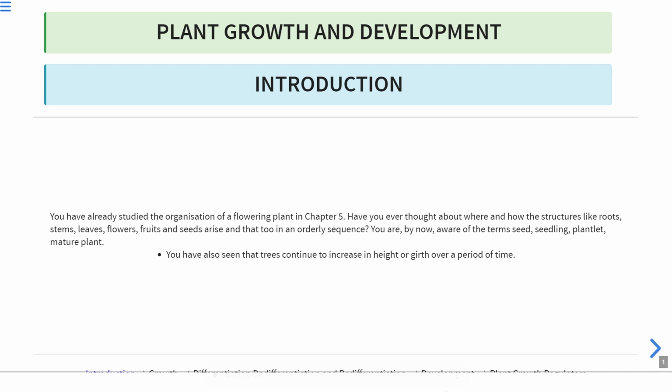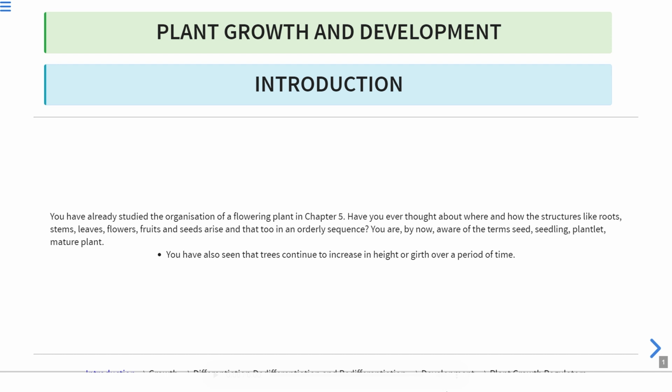You have also seen that trees continue to increase in height or girth over a period of time. After 4 or 5 years, the plant which you have planted in your garden changes into a tree.